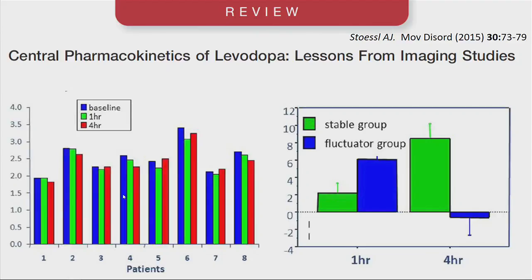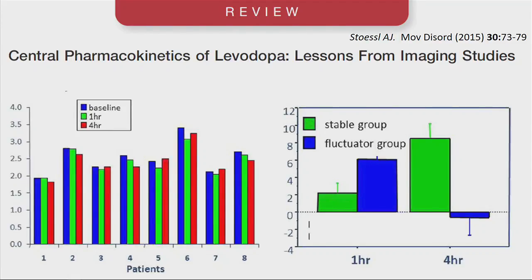And you can see there are two patterns that emerge looking across these 8 patients. One is where the effect is rather monotonous and seems to be greatest seen at 4 hours compared to 1 hour. But there's another pattern where there's a bigger decrease at 1 hour with a recovery or a return back to baseline at 4 hours.